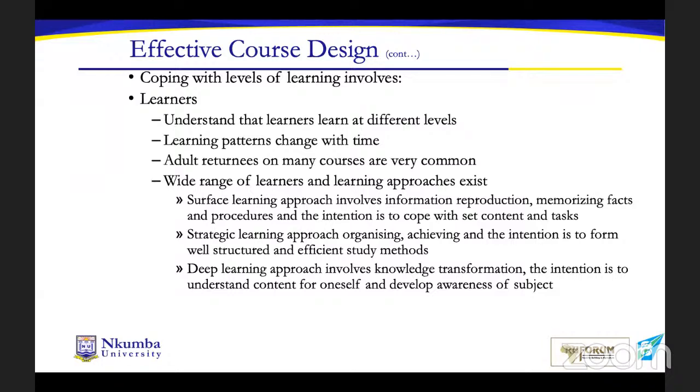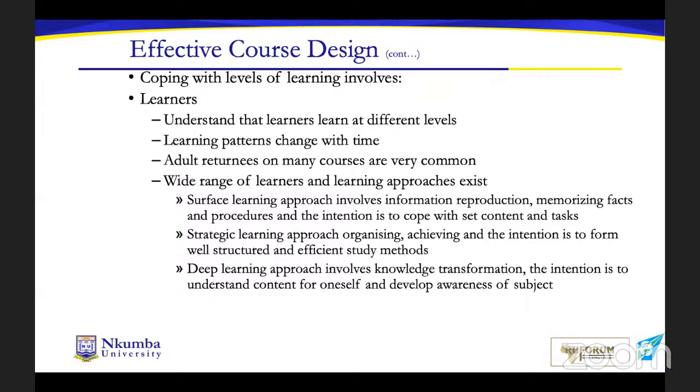It is encouraging you as a learner to memorize what I'm giving you. It has a lot of procedural activities being given to you all the time. And this is usually meant to leave the lecturer in this form of thinking that he or she is the provider of knowledge. It is surface.